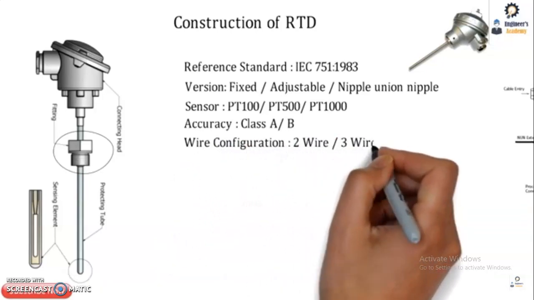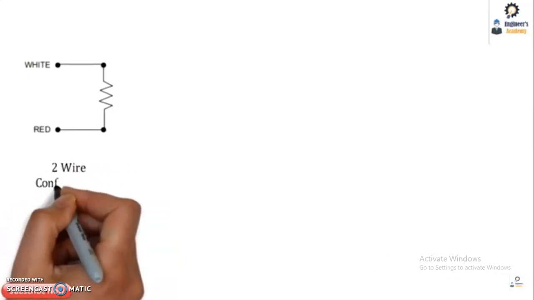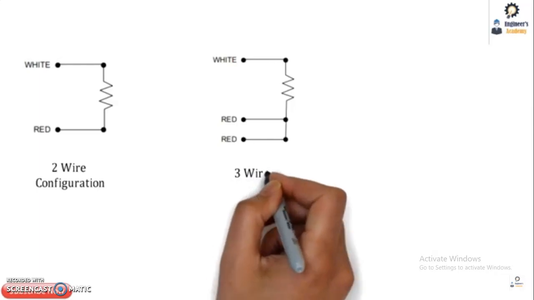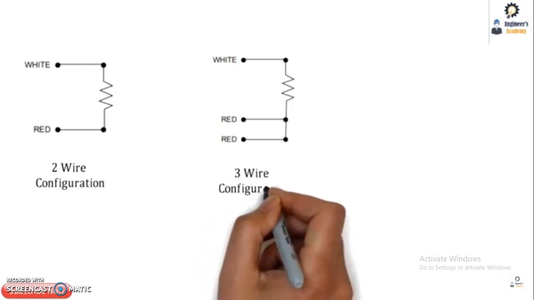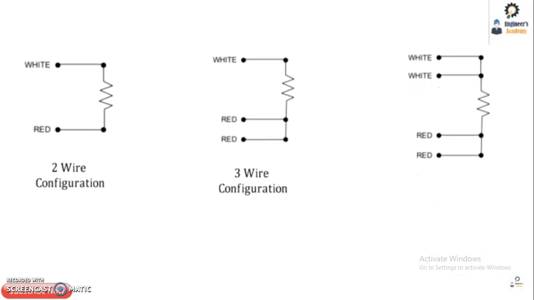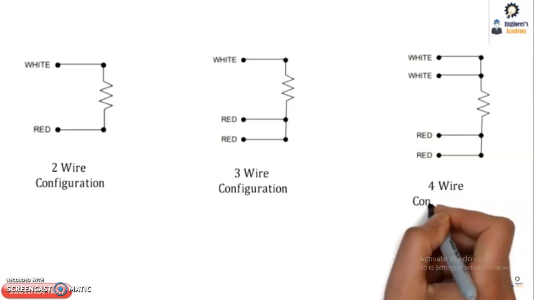The accuracy is either A or B, and the wire configuration is 2 wire, 3 wire or 4 wire. For 2 wire, there are 2 leads: the first lead is white and the other one is red. For 3 wire, it is 1 white and 2 red. For 4 wire configuration of your RTD, 2 white and 2 red. So this is how the connections will be.